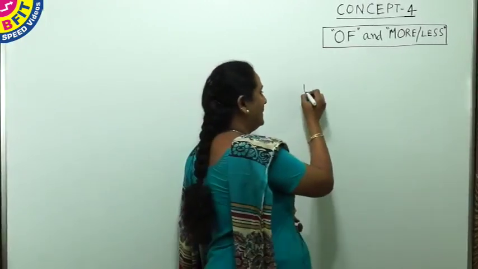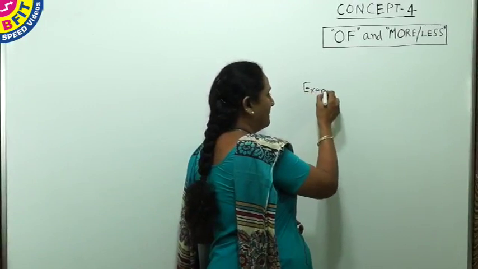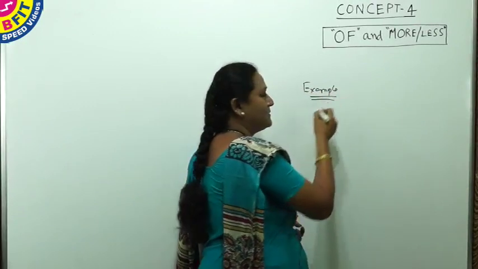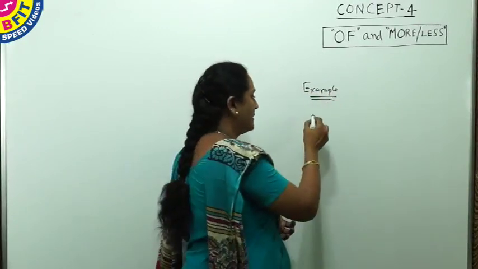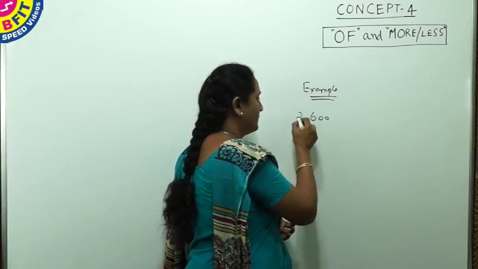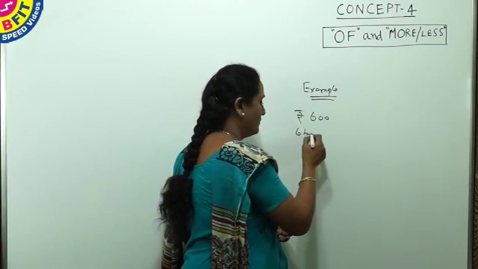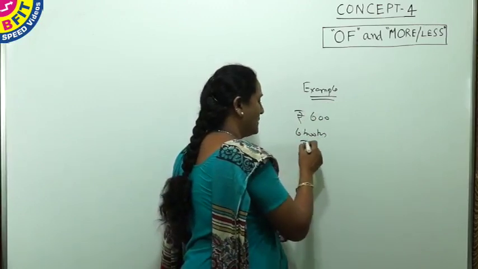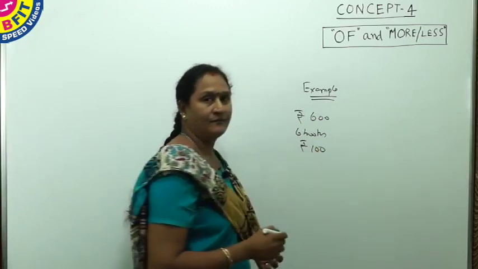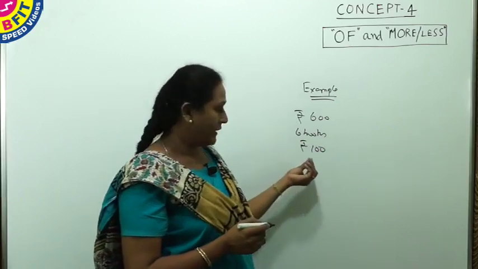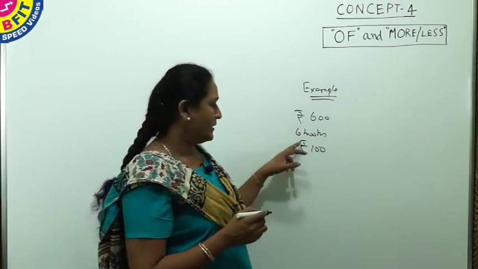Say for example, a person is taking 600 rupees to buy 6 books. Cost per book is 100. So at the rate of 100 per book, he needs 6 books.